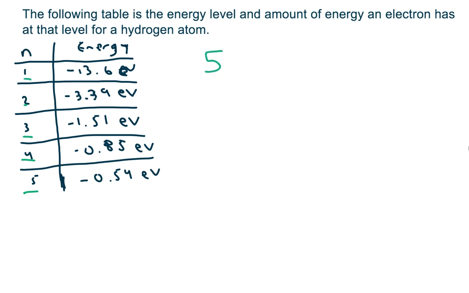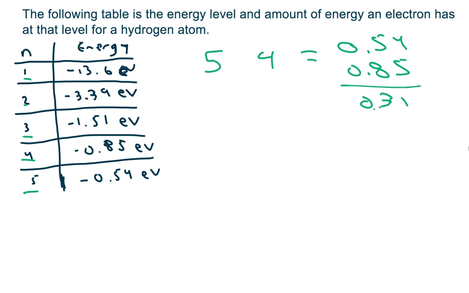An electron could start at energy level 5 and jump down to 4. That will produce a value of, well, it started at 0.54 eV and it went down to 0.85 eV. So that'd be a difference of 0.31 electron volts of energy needed to jump that gap.